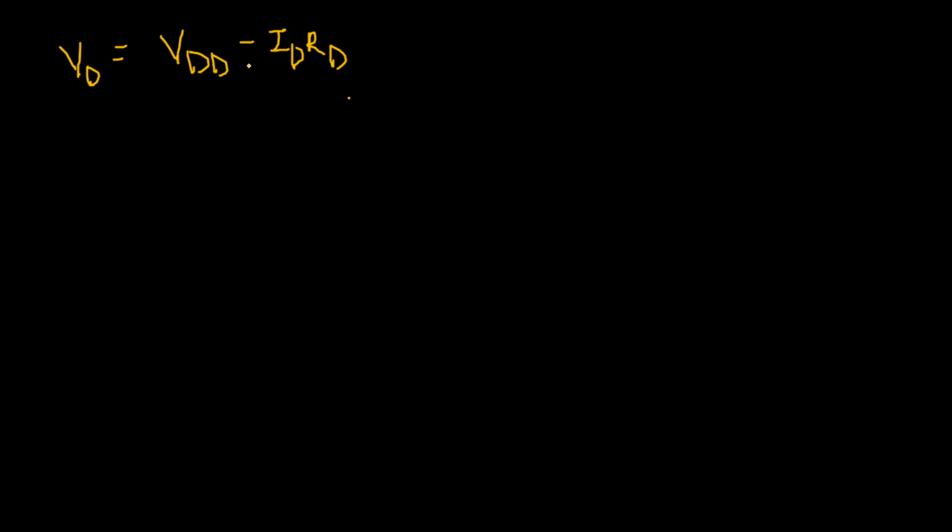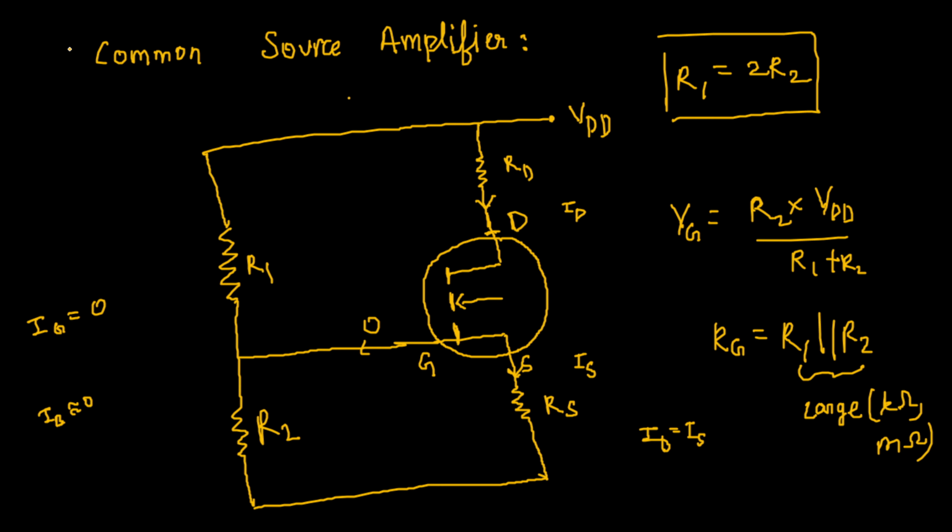So that is the drain voltage. Now, if I apply KVL on the entire output side of the loop, I'll get VDD is equal to IDRD plus VDS. VDS is the potential difference across the drain and source, and then I have IS into RS.